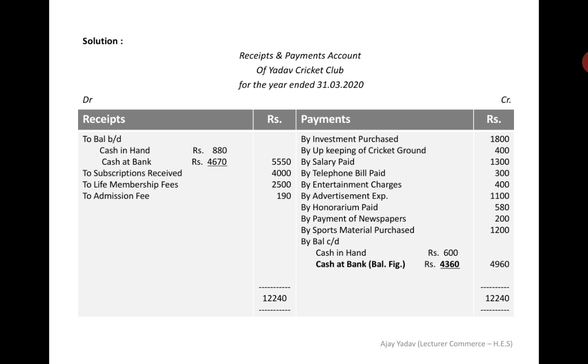After totaling the debit side and credit side, we find the difference between the two sums. This comes to 4360. This is the closing balance in the form of cash at bank. The answer is 4360. Now we will close the receipt and payment account.